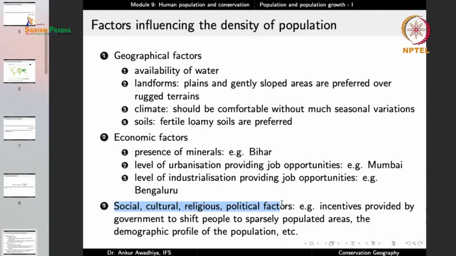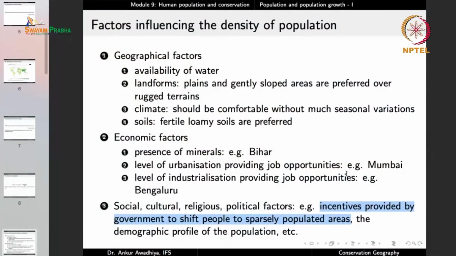Then we have social, cultural, religious and political factors. In certain cases, incentives are provided by the government to shift people to sparsely populated areas. And in those cases, the population density in the sparsely populated areas will slowly go up. Then the demographic profile of the population also plays a role.